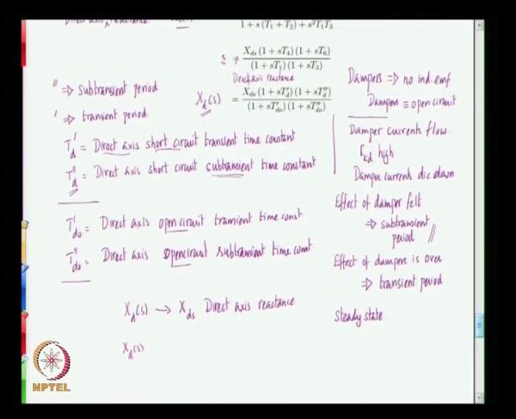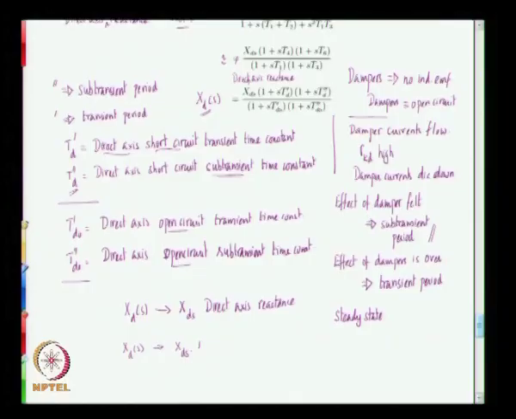Since s is high, in all the 1 plus sT terms, 1 can be neglected, and x_d of s becomes x_ds multiplied by T dash d multiplied by T double dash d, divided by T dash d0 multiplied by T double dash d0.